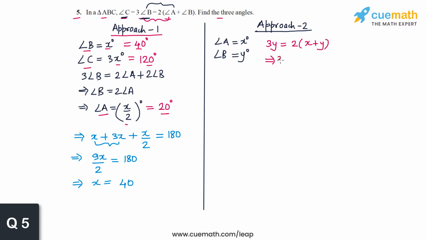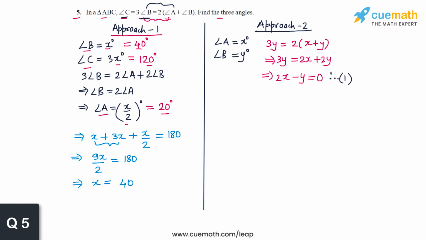So if I expand this, I get 3y is equal to 2x plus 2y, and this I can write as 2x minus y is equal to 0. So this is the first equation that we get in x and y.